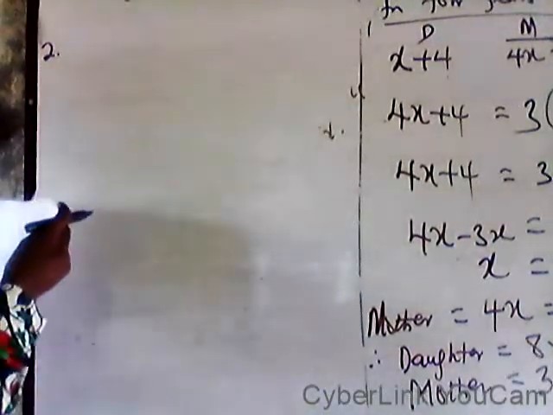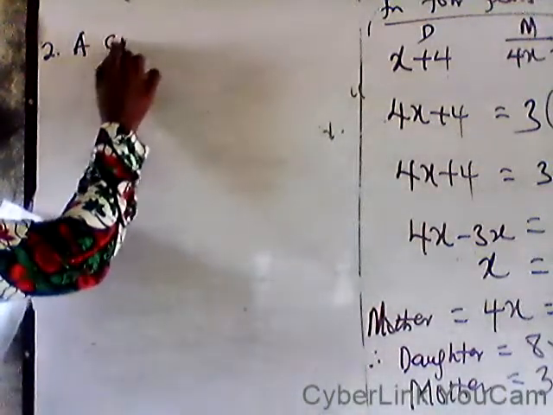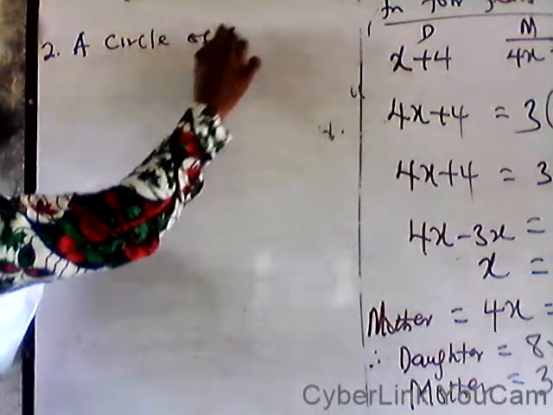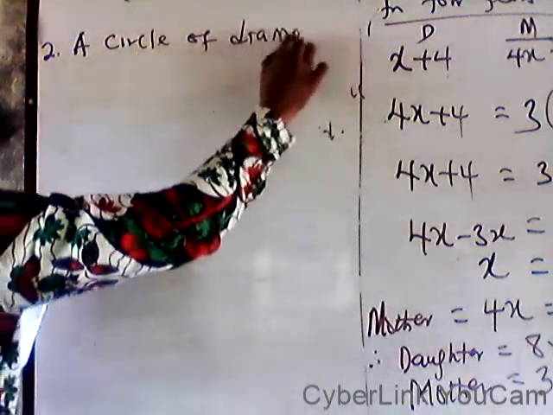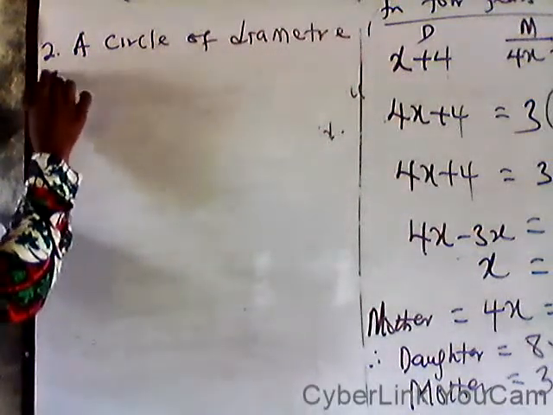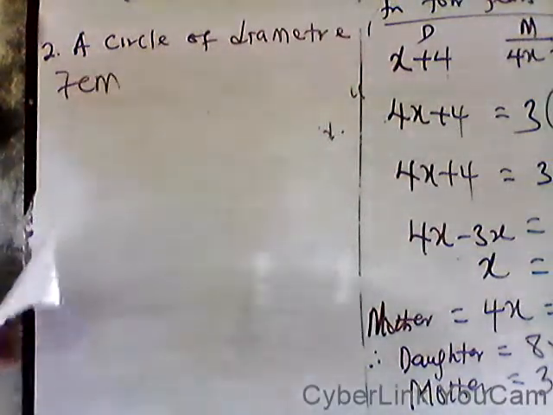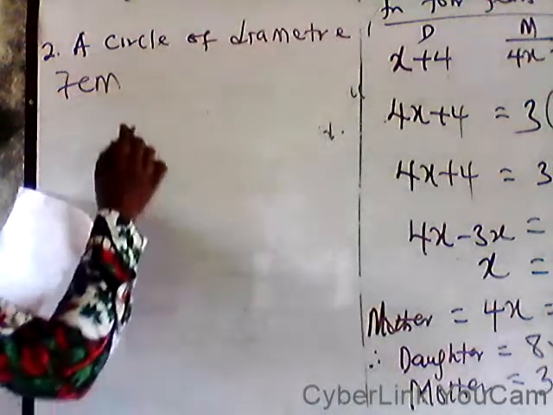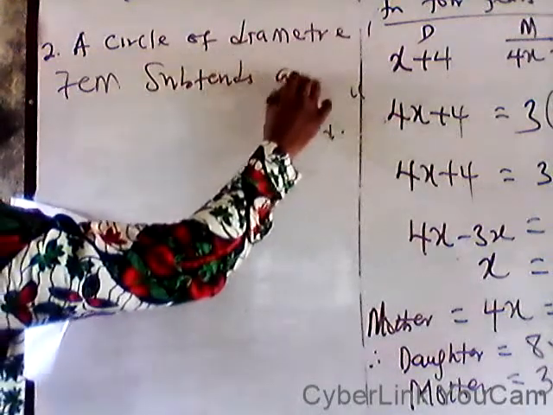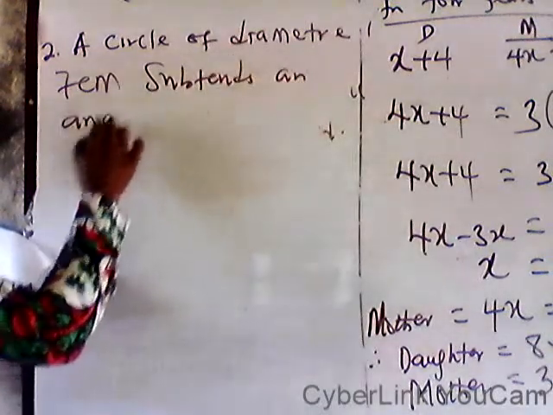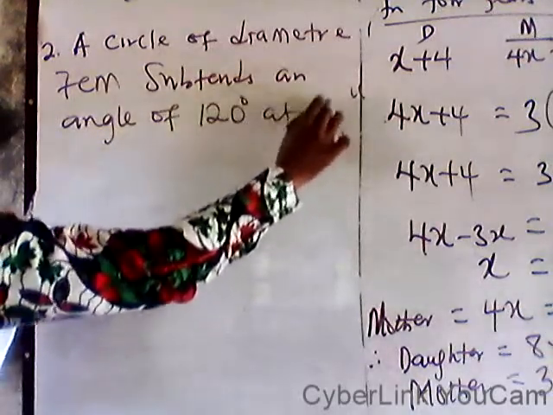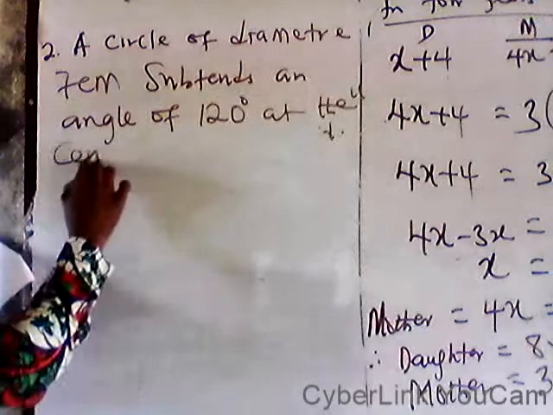So the second question: a circle of diameter 7 centimeter subtends an angle of 120 at the center.